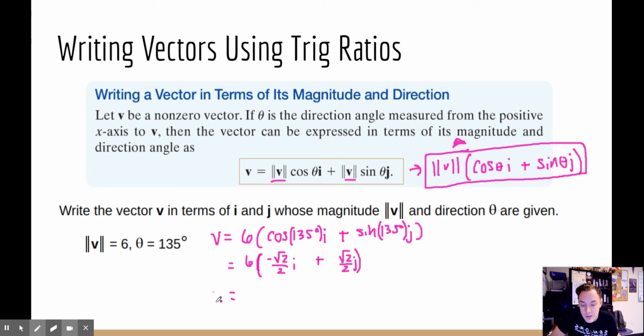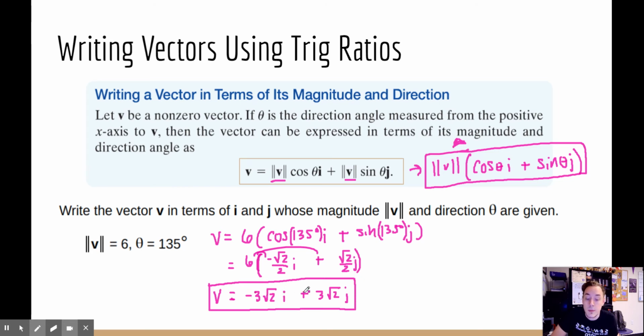And so what is vector v? Vector v is, when you distribute it out, negative 3 radical 2 i, plus 3 radical 2 j. Again, you can put your i's and j's in front of, or basically say negative 3i times radical 2 plus 3j times radical 2.